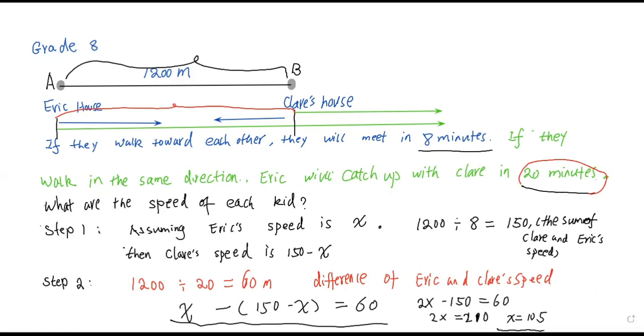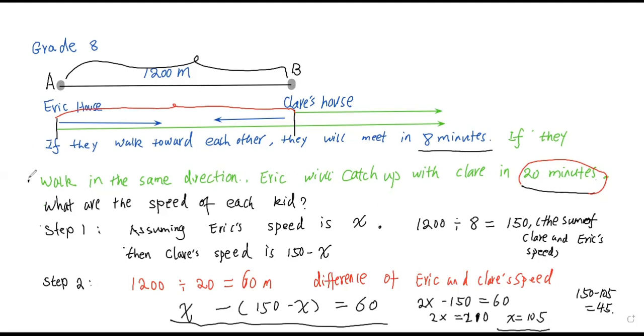This is Eric's speed. So Claire's speed is 150 minus 105, which equals 45.